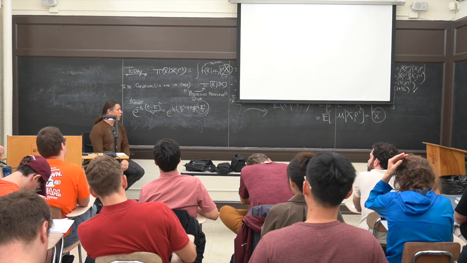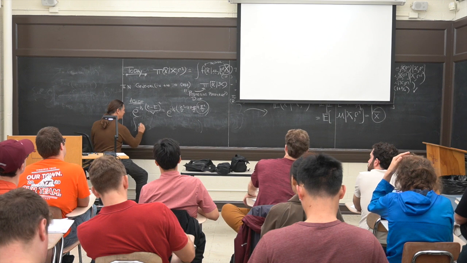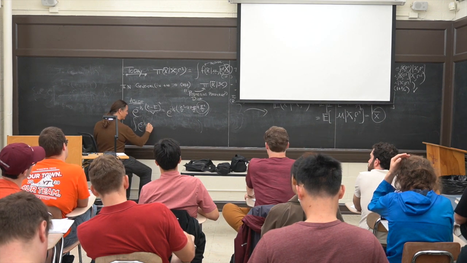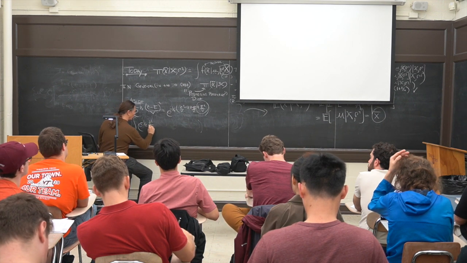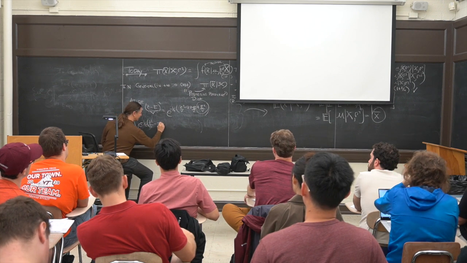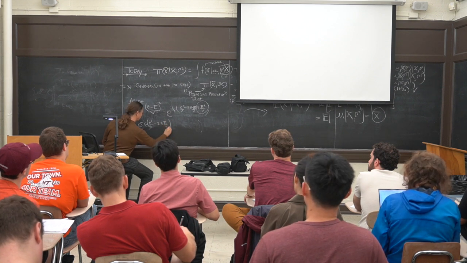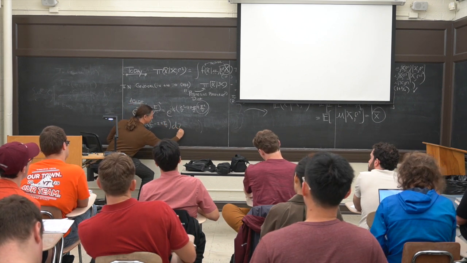But we want to know what something looks like that looks like this: e to the minus 1/2 Z squared over B minus 2 Z E over B dZ.